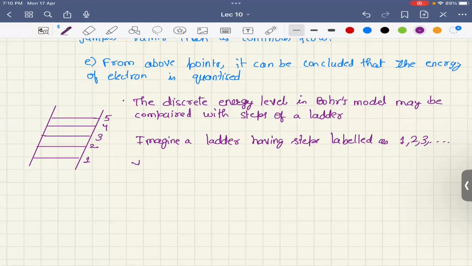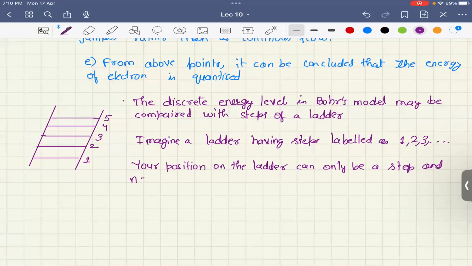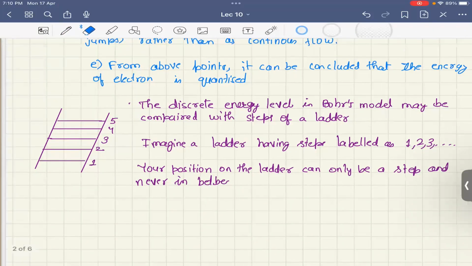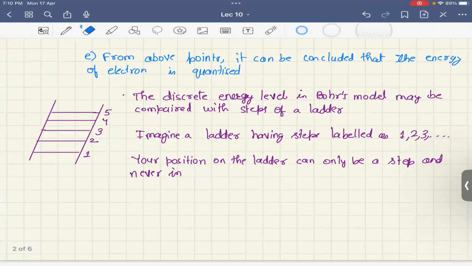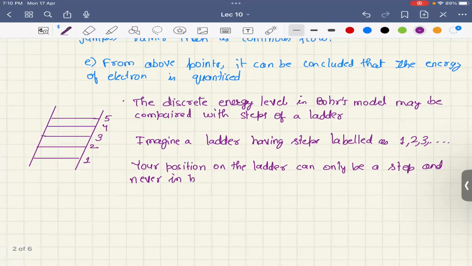Your position on the ladder can only be a step and never in between. That means you can be on step 1, step 2, or step 3, but you cannot be at step 1.5 or 2.5 or 3.6. That is what we mean by this.